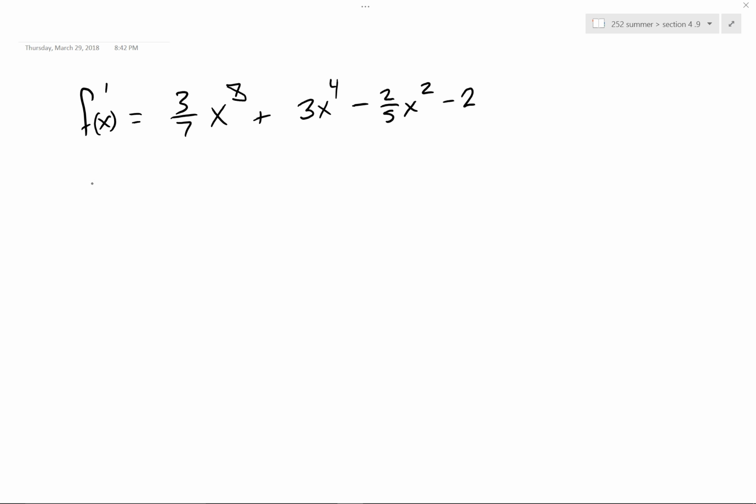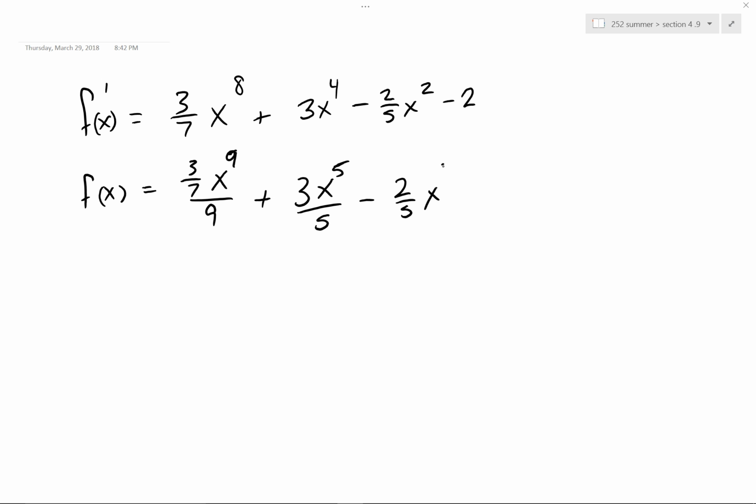Sure, let's do that. So then f of x would be equal to, well, of course, now it's going to be 3/7 x to the 9th power divided by 9. We'll worry about that in a minute. Plus 3x to the 5th divided by 5 minus 2/5 x to the 3rd all over 3 minus 2x plus a constant.